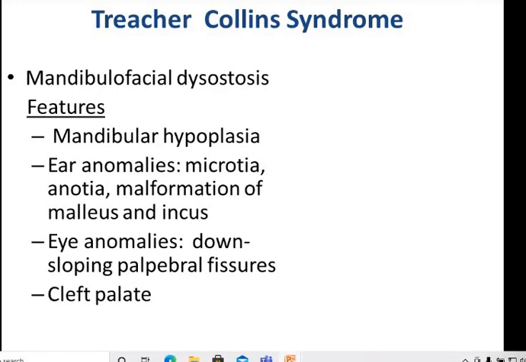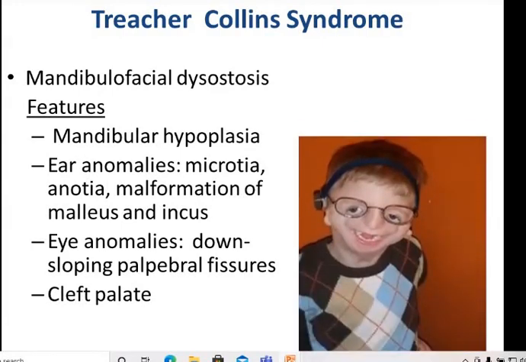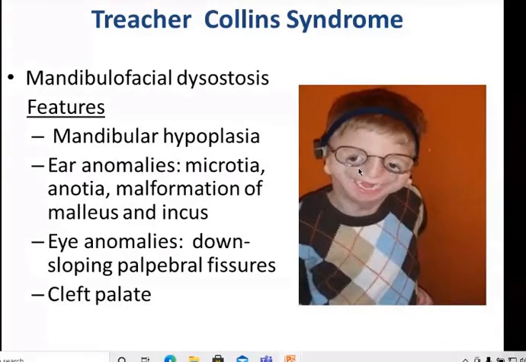So what will happen in Treacher-Collins syndrome? Mainly mandibulofacial dysostosis. Here you can see the mandibular hypoplasia and the facial dysostosis. You can see the ear anomalies: there can be a small ear, that is microtia, anotia, and there can be malformation of the malleus as well as the incus.